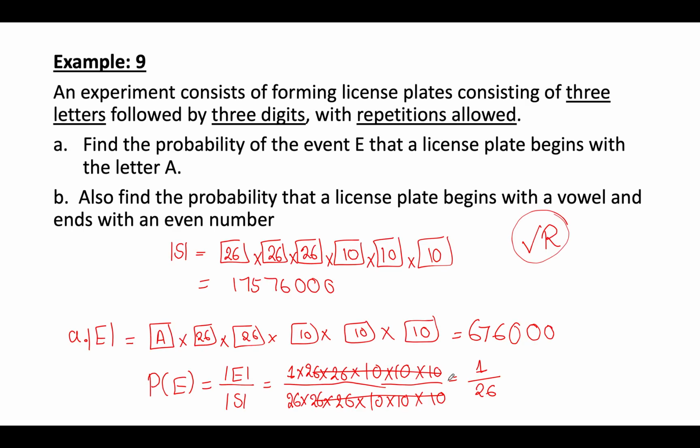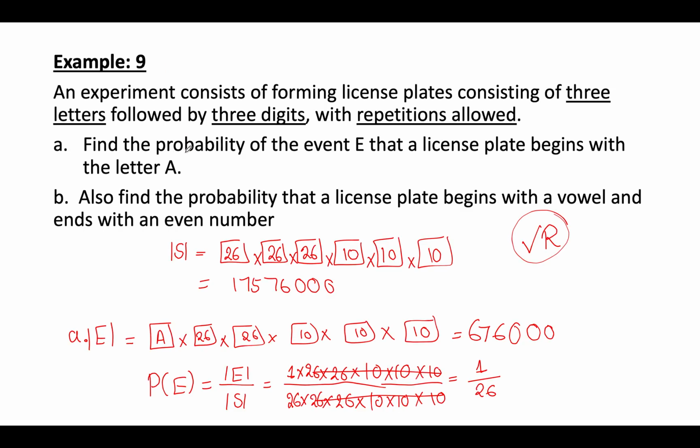Now, what is the probability of getting a license plate that begins with a vowel and ends with an even number? Here we have my license plate, which consists of 3 letters followed by 3 digits. The condition says that the first letter should be a vowel.